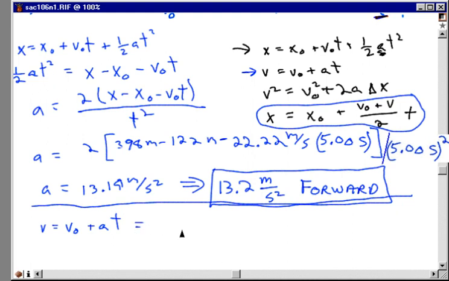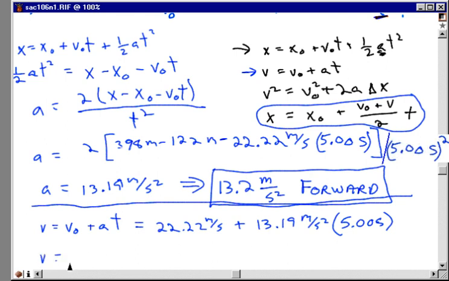So I'll substitute in the known value of V0, 22.22 meters per second, plus the value of a. Again, I'm keeping one extra sig fig for the intermediate results. So there's the 13.19 meters per second squared. And then times the 5 seconds, since they want the velocity at the 5-second mark.